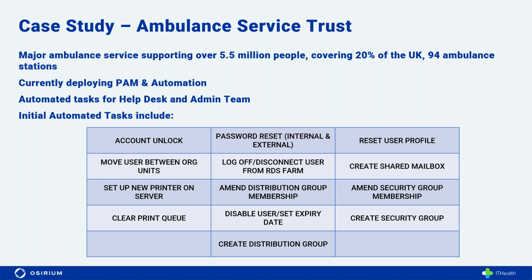So the kind of obvious things we've seen already, like unlocking an account or resetting a password, moving users between organizational groups and things. But you can also include tasks like clear print queue, or I think we've got on there, disconnect a user from a remote desktop farm. Remote desktop sessions can be a security risk. You don't want them being open any longer than you want. So this is just a sample from a real live customer that we're currently working with.